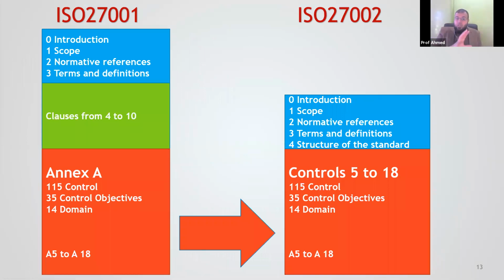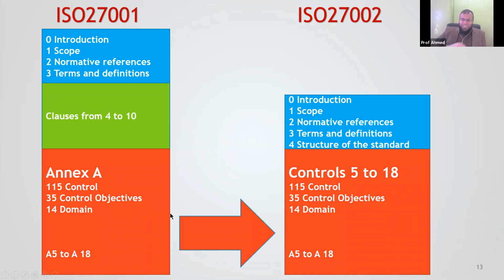Again, the certification will be gained against ISO 27001, because ISO 27001 is the Information Security Management System, ISMS, and we certify a management system. But ISO 27002 is just controls. To be honest, the ISO 27002 controls are here in the annex, which starts from A5 to A18. It is the same.